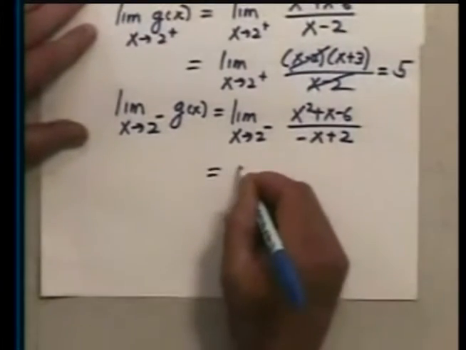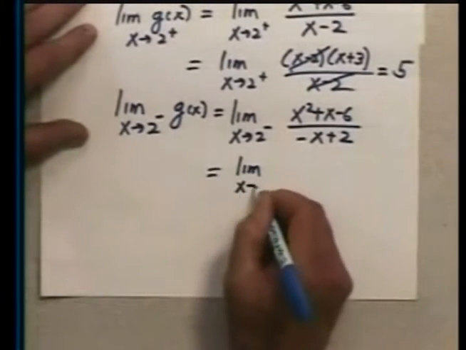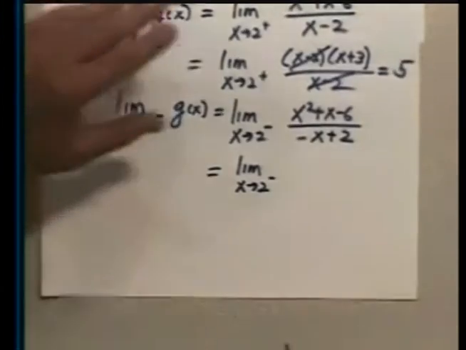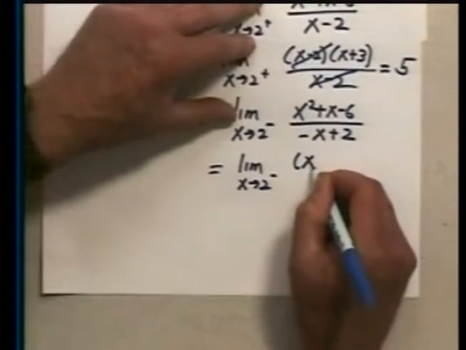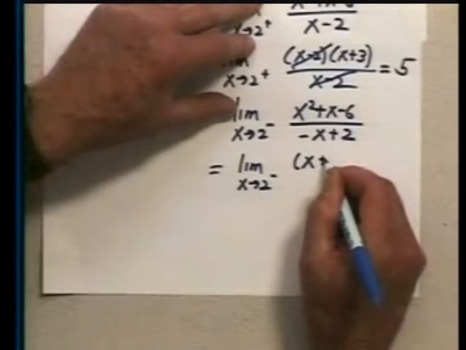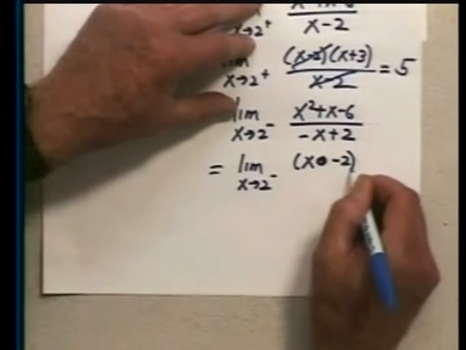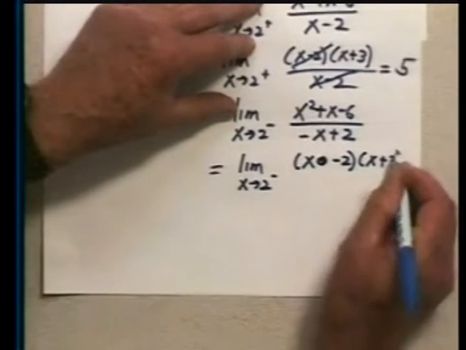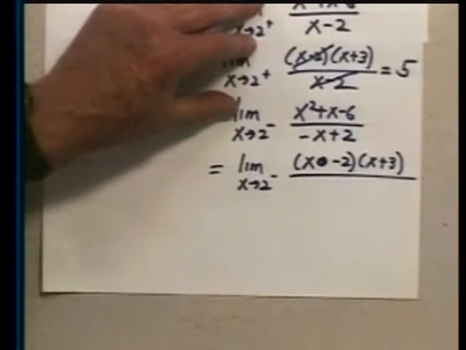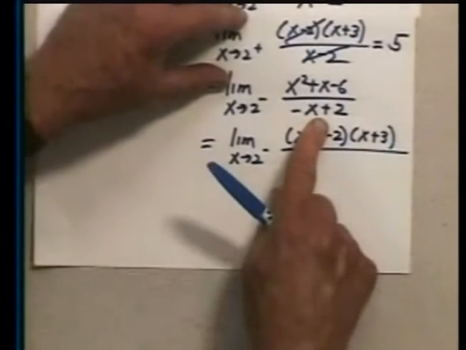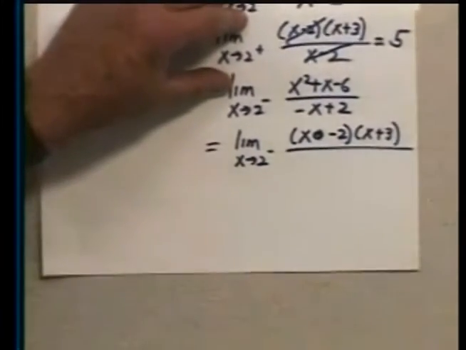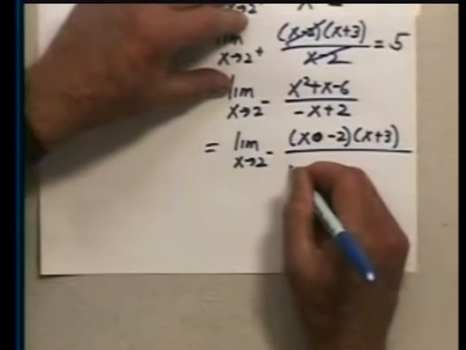Well, I'm not quite out of the woods yet. This still factors into x minus 2 and x plus 3. But I need to get rid of the x minus 2. How can I get an x minus 2 on the bottom? Multiplied by negative what?